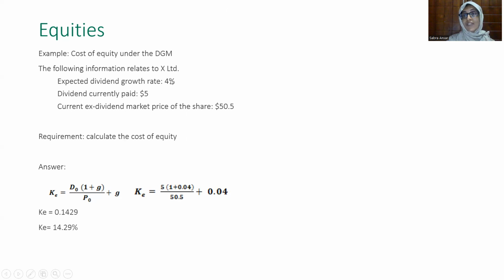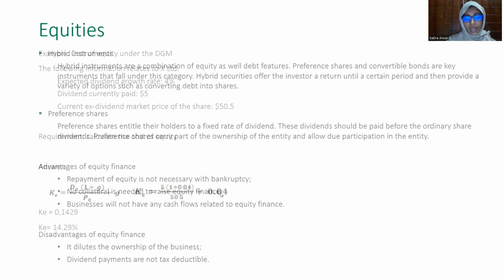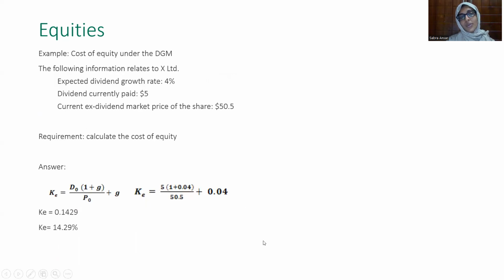The growth rate is 4%, which is 0.04. Then we divide it by the current ex-dividend market price of the share, which is 50.5. And we add the growth rate again, which is 0.04.